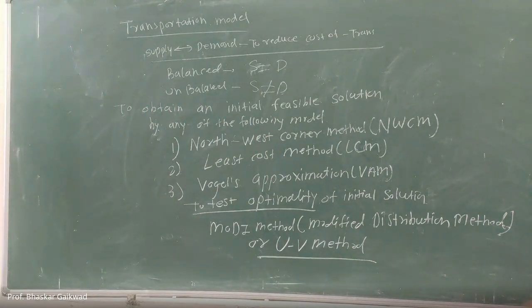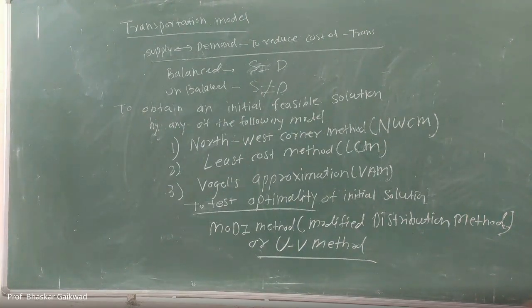This UV method is only used for testing purposes. So we have to find the optimum solution by using the UV method or MODI method. So these are the concepts of transportation.